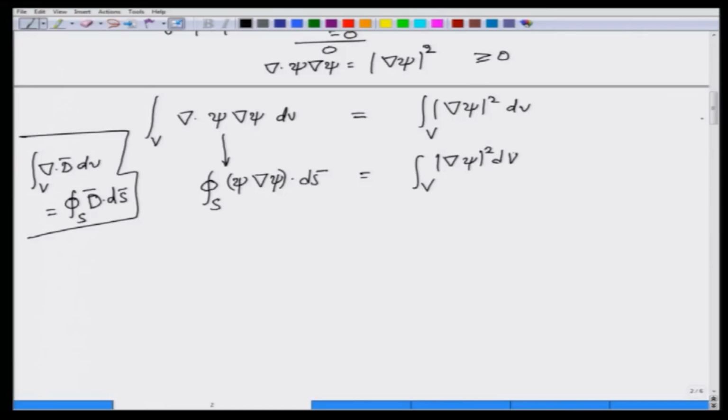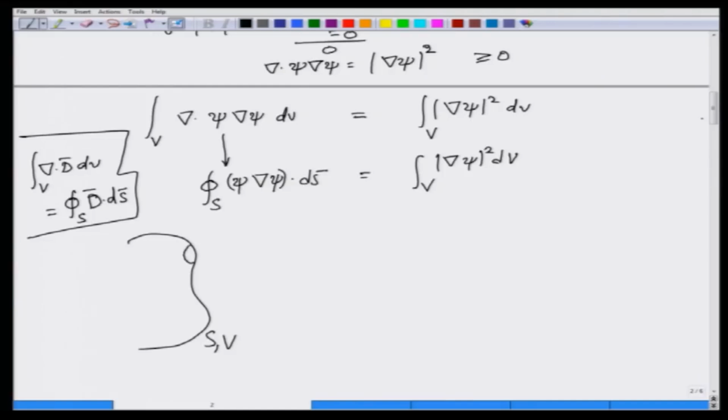Now, we come to an important part in this theorem. If you look at the left hand side, you have some surface area; I am not showing the entire surface. This is the surface we were considering and the corresponding volume that this surface encloses. ds bar is a vector surface element.